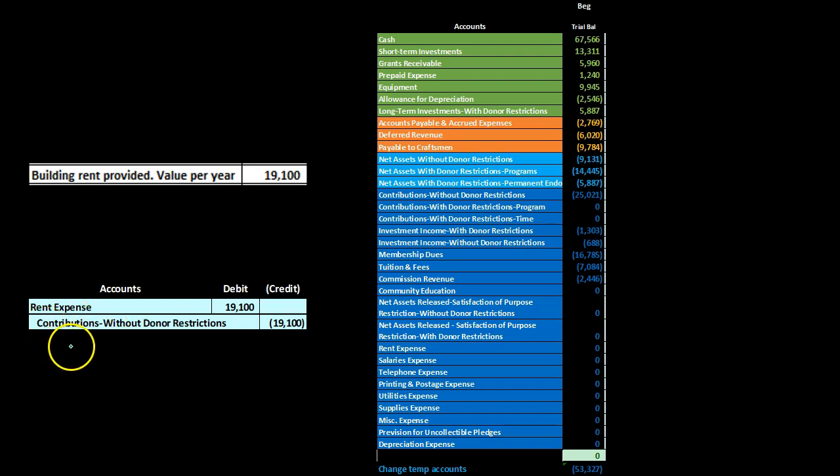Also note that, of course, it's going to be without restrictions. And you might say, well, it's pretty restrictive. You have a facility. There's only so much you can do with it. You can do work in the facility typically. But also note that without restriction means that they didn't specifically put a restriction on the thing that they donated, whether it be cash, which means we could use it for whatever we need within the confines of our not-for-profit organization, or they can give something else, but as long as they didn't say, I have an added restriction to how you can use the contributions that I made, whatever format that will be, we will consider it without restrictions.